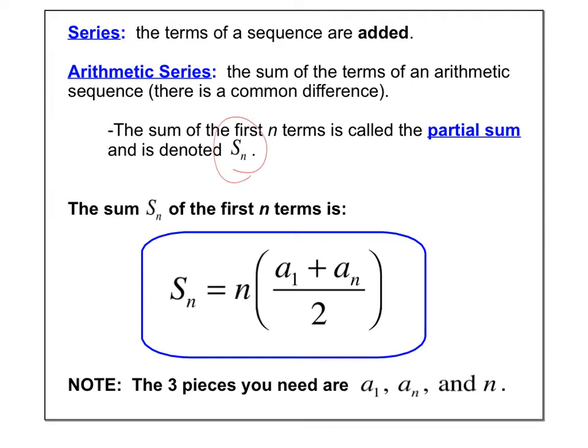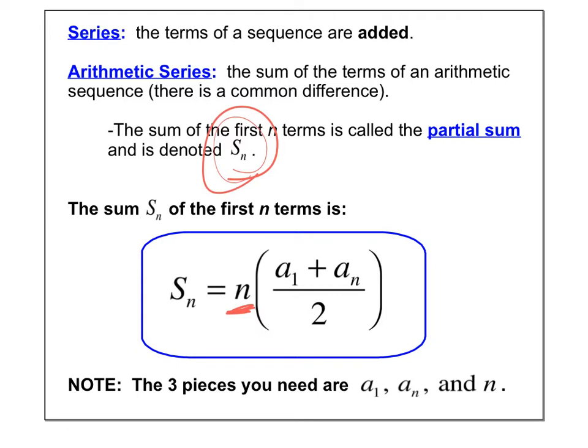So we're going to look at various problems today in this lesson concerning the partial sum of particular arithmetic sequences. Now, this partial sum comes with an equation, and it equals the number of terms n times a sub 1 plus a sub n divided by 2.